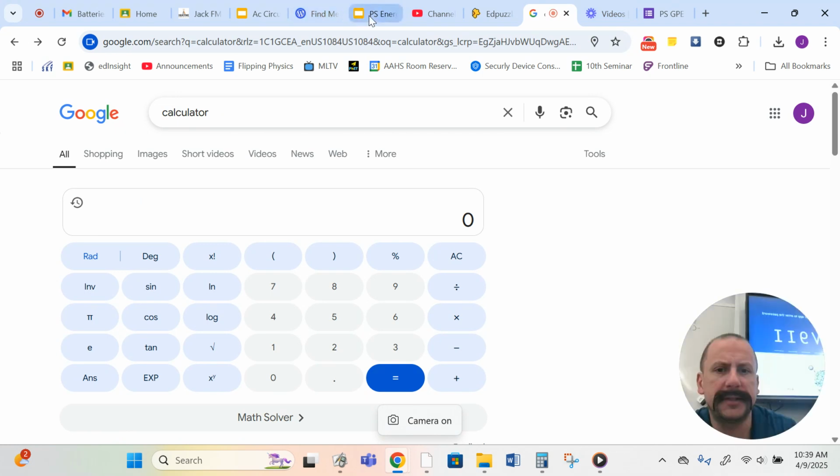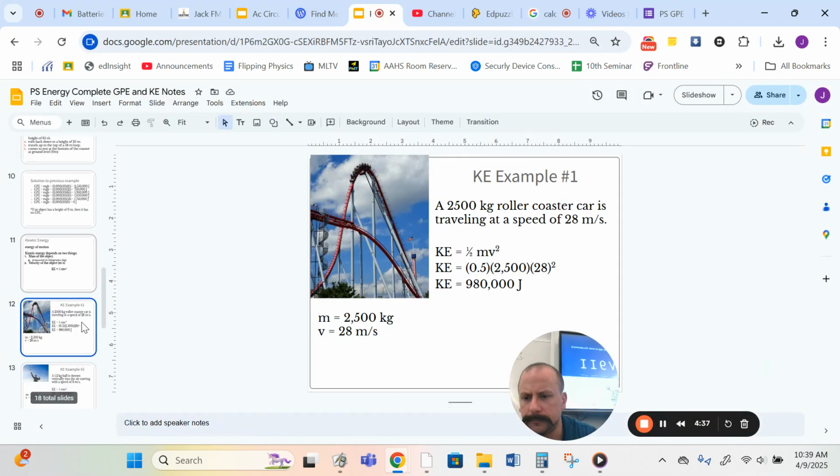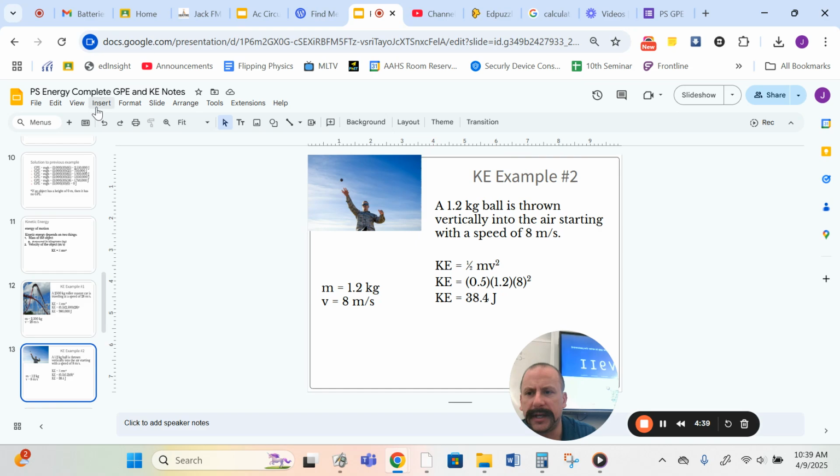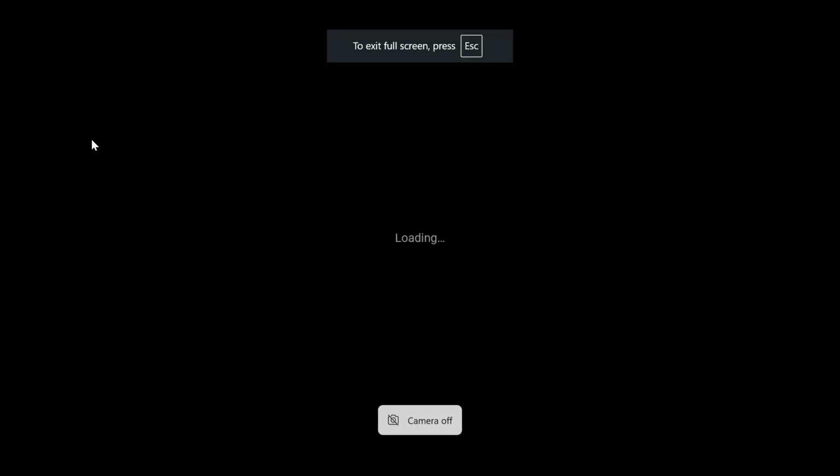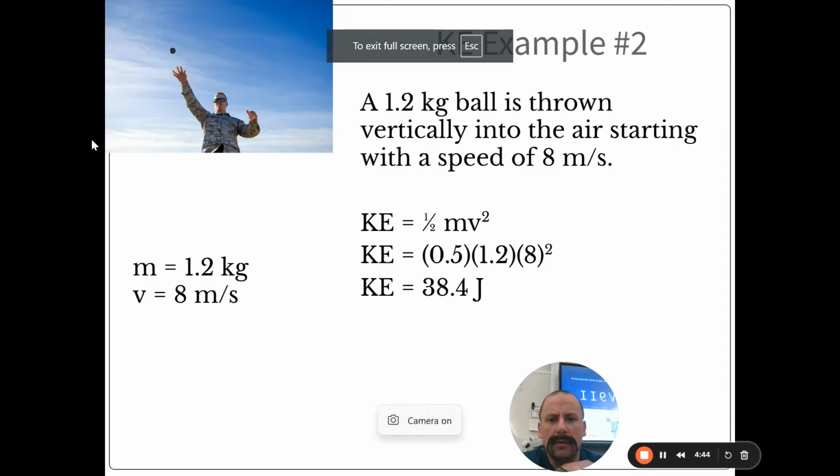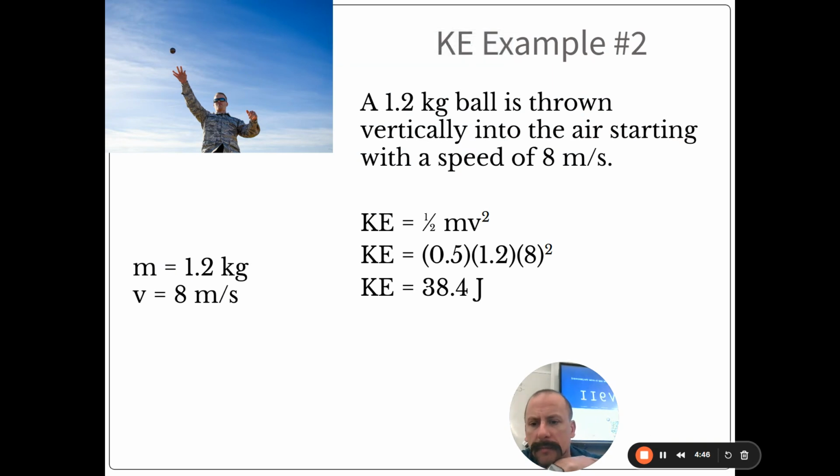So if we look at the next example, what is the kinetic energy of a ball that gets thrown, a 1.2 kilogram ball, my mass, thrown in the air with a speed of 8 meters per second. That is my velocity. So 1/2 mv squared, 1 divided by 2 is 0.5, the mass, which is 1.2, and the velocity of 8.